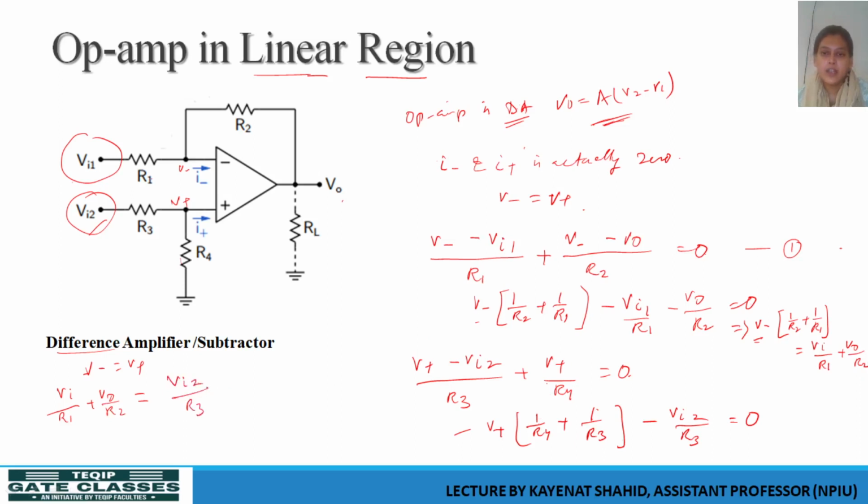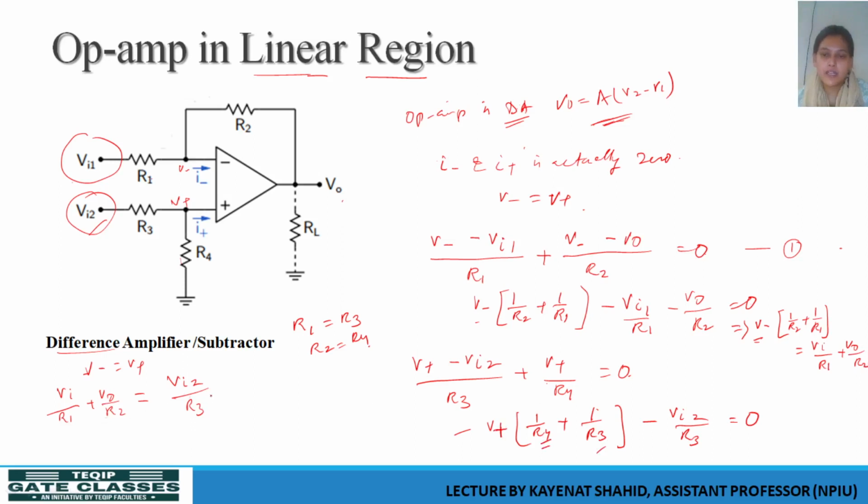What we have assumed here is that R1 is equal to R3 and R2 is equal to R4. In that case, what will happen? The value that we have here, 1 by R2 plus 1 by R1, will be cancelled by the value 1 by R4 plus 1 by R3.